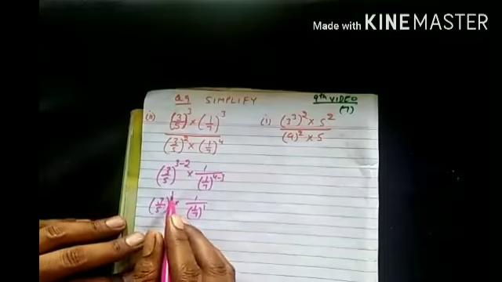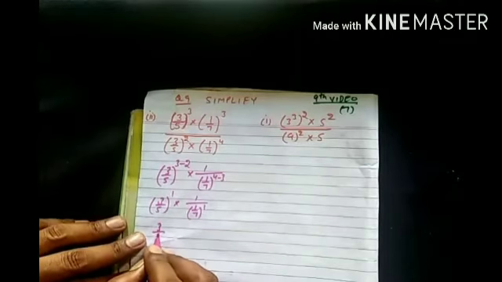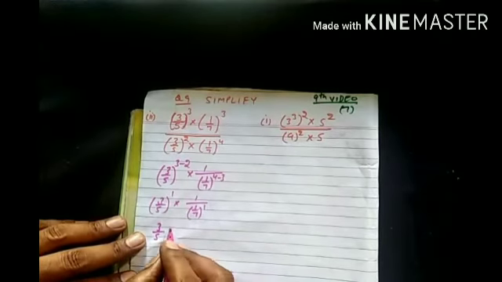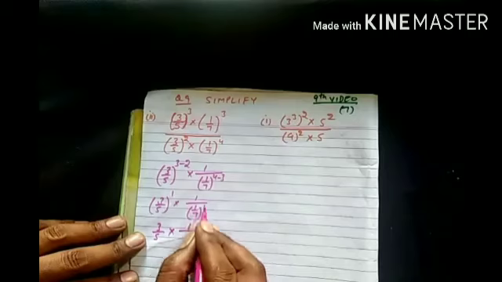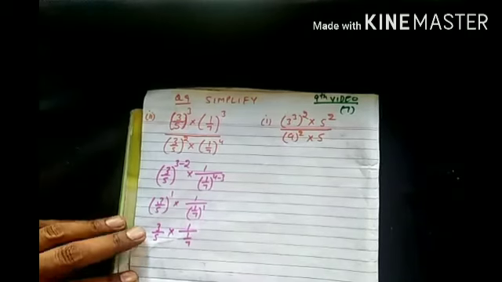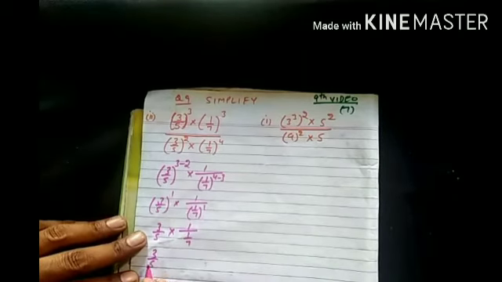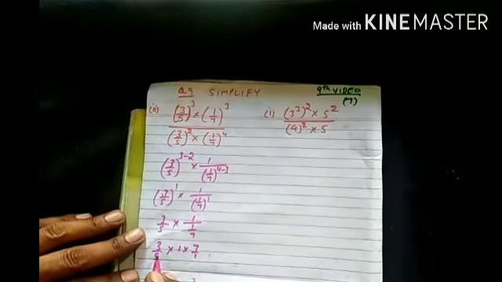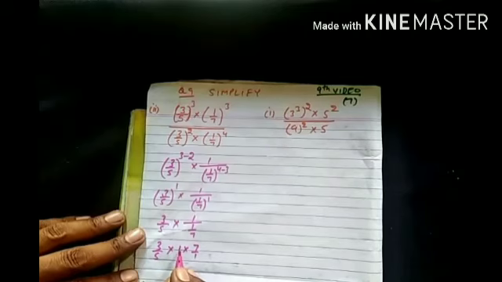Now, if the power is 1, then we can write it as it is, and here the power is 1, therefore it is 1 by 7. Now, we know this 1 by 7 is in the denominator, so it will be converted to 7 by 1, and now we multiply: 3 multiply 1 is 3, that multiply 7 is 21, and 5 multiply 1 is 5.